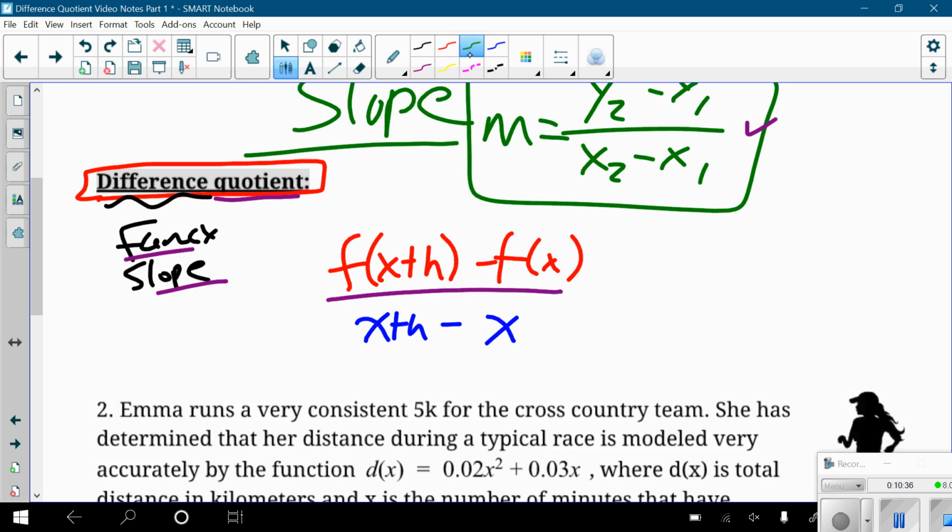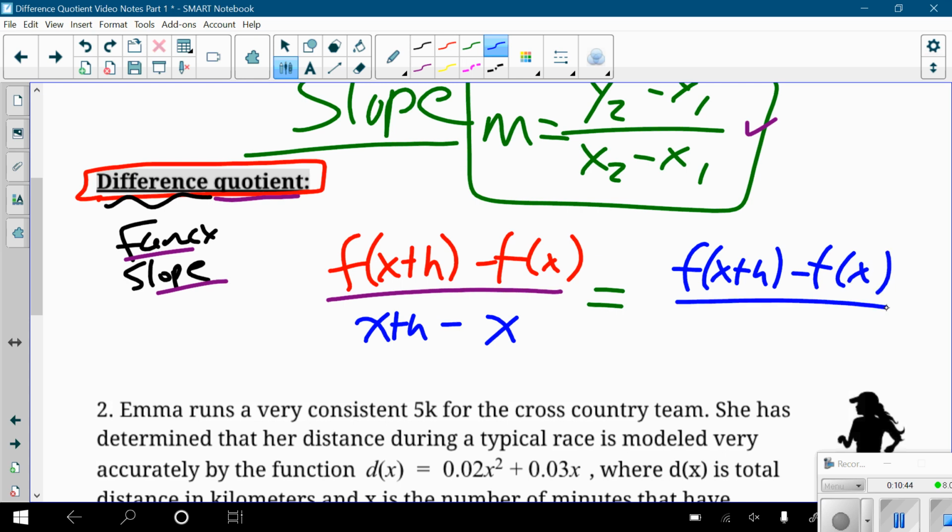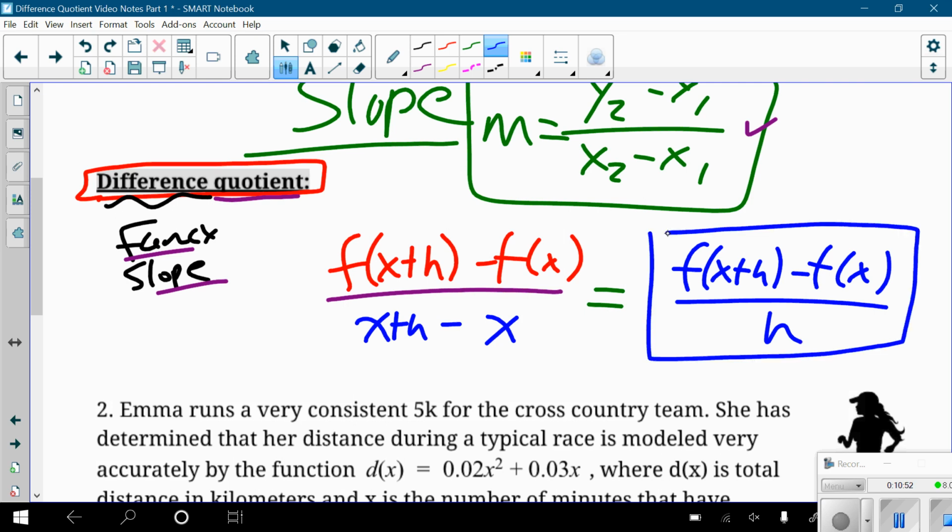The top stays like that, f of x plus h minus f of x, all divided by x plus h minus x, which is just h. This is the difference quotient.